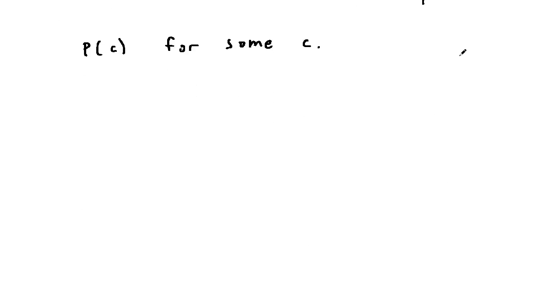We're using the rule of inference called existential generalization. And remember that rule goes like this: p of c for some c, and therefore there exists a k such that p of k.